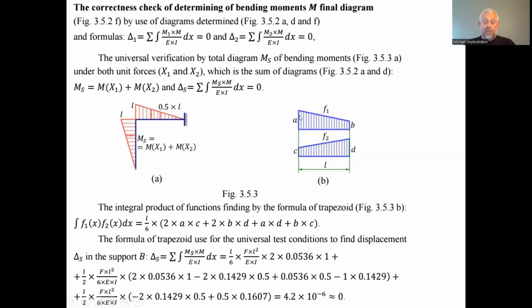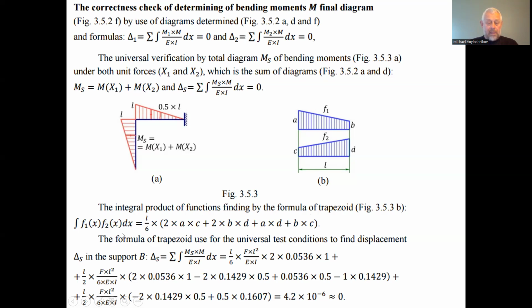Plus 2 times B times D, where B and D are the right ordinates of these trapezoids, plus the cross multiplication, A times D plus B times C. So this is the known formula for finding the integral of the product of two functions, used in mechanics as well.